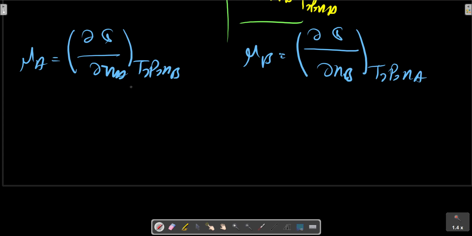Because partial molar properties are defined at constant temperature and pressure, the quantities expressed here are the partial molar Gibbs functions for the two components.